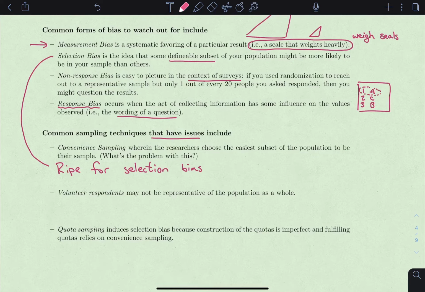Volunteer respondents may not be representative of the population as a whole, and that's another type of selection bias. People who want to volunteer for a study may fit into a special category, especially if there's money involved.